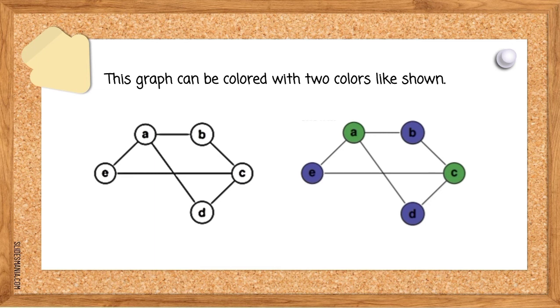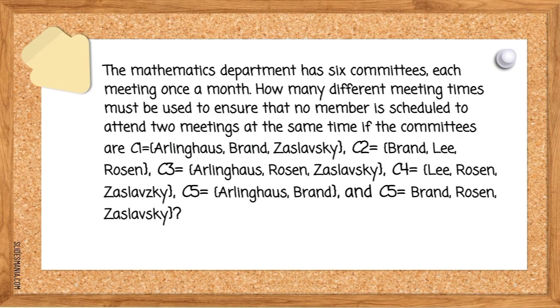The mathematics department has 6 committees, each meeting once a month. How many different meeting times must be used to ensure that no member is scheduled to attend 2 meetings at the same time if the committees are: C1, Arlinghouse, Brand, and Zaslavsky.